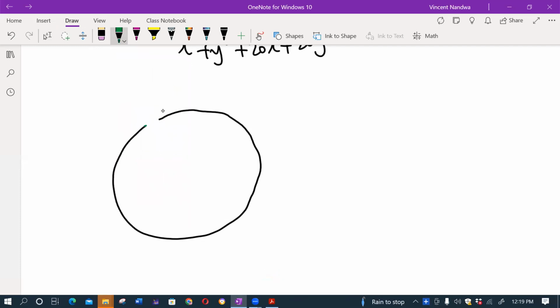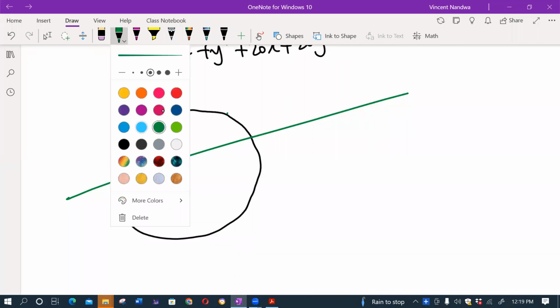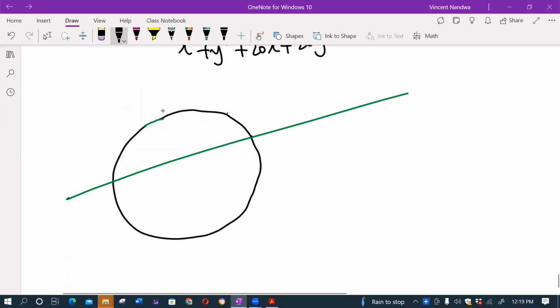So let's say if we have this, and then we can say this is the other line.